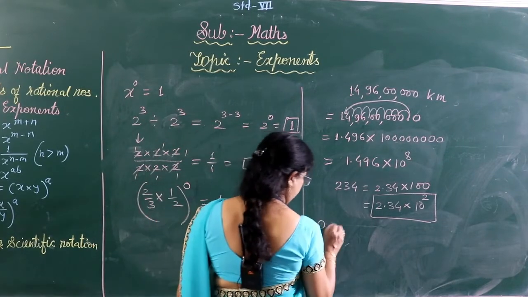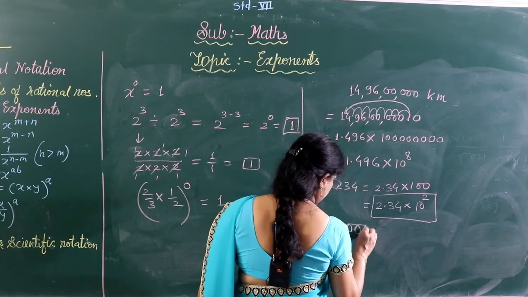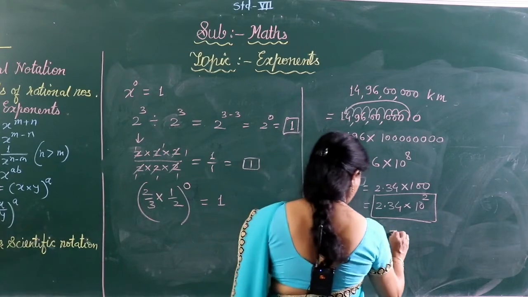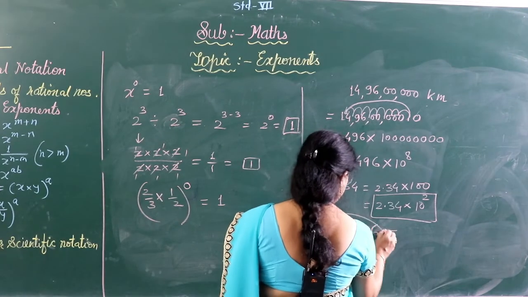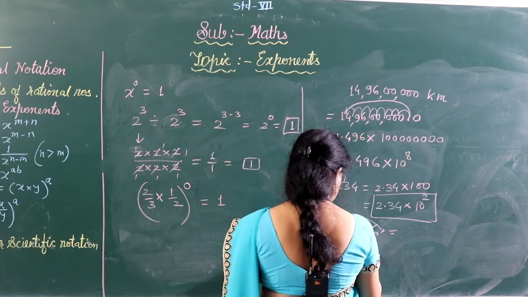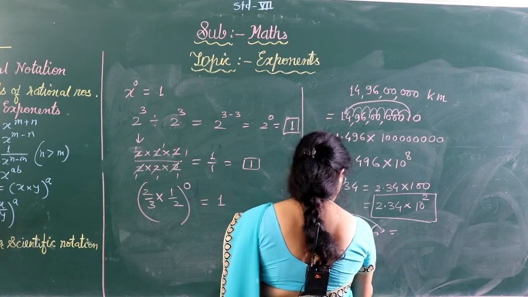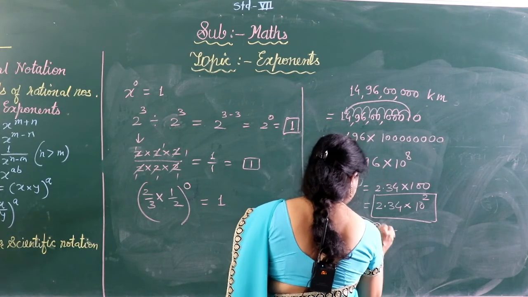For example, suppose I write 0.0006. How can we write it? I shift this decimal point to the right. How many places? 1, 2, 3, 4, 5, 6 places.